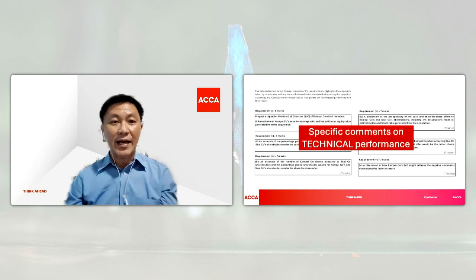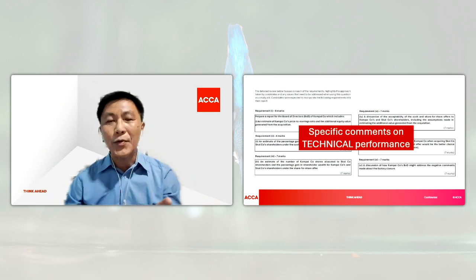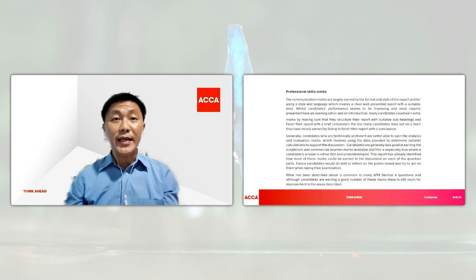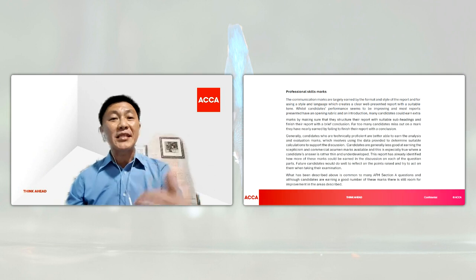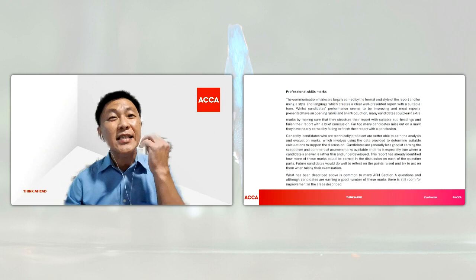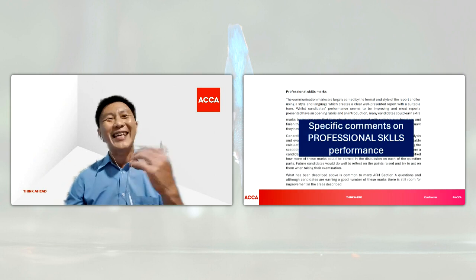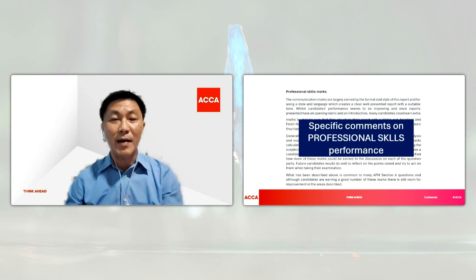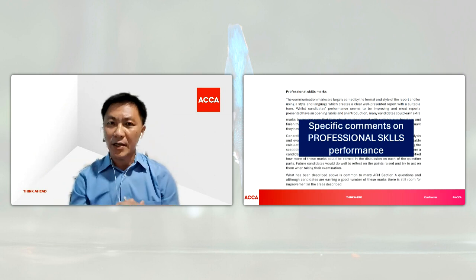At the same time, apart from the specific comment on the technical aspect, you will also find further specific comments, especially suggestions for students to improve their performance in getting professional skills marks, which was already mentioned in the general comment a moment ago.